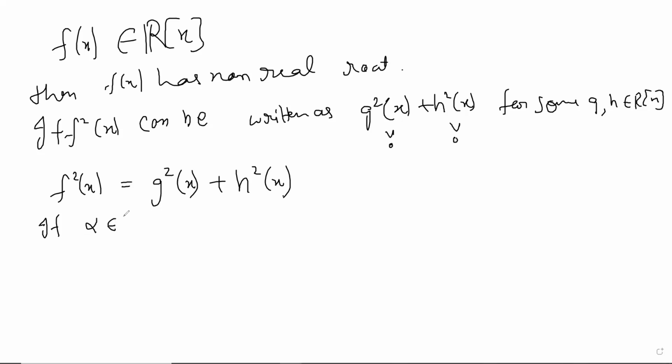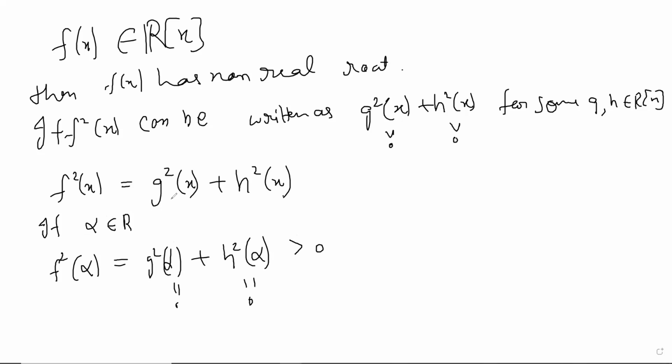Yes, f(alpha) is real. Good, it's easy. I think more or less the same idea, and this is positive. Right, very good. So every root of f squared should be a root of g squared and h squared.